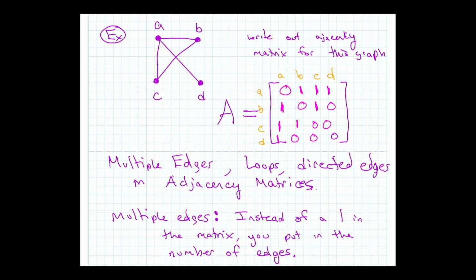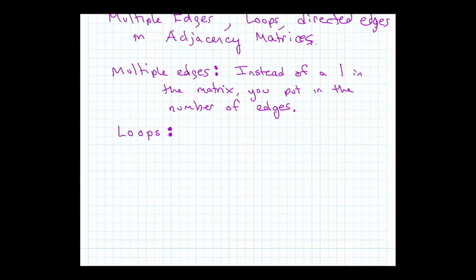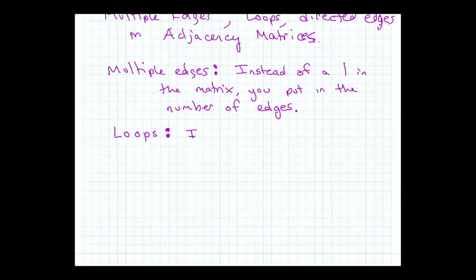So let's see. Loops. Where does it say loops? There we go. According to our book, a loop is specifically a 1. So if there's a loop on vi, then the vi, vi entry gets a 1.